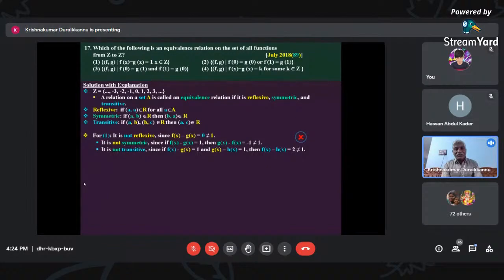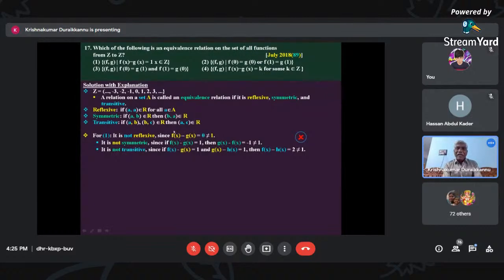For option 1, it is not reflexive. The relation is defined as f of x minus g of x equals 1. So it is not reflexive since f of x minus g of x equals 0 for the same element.